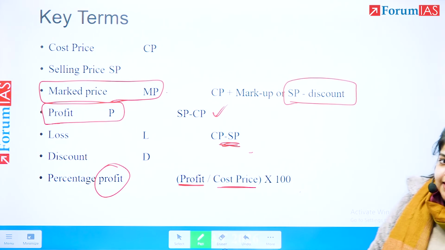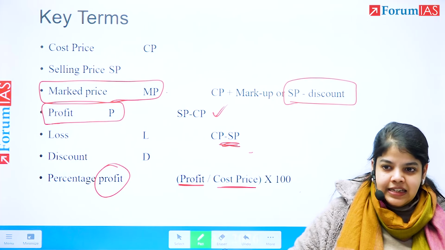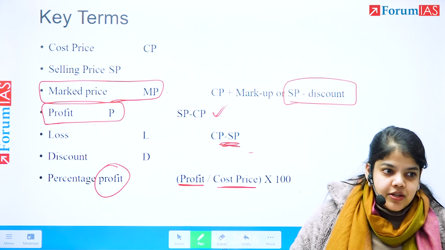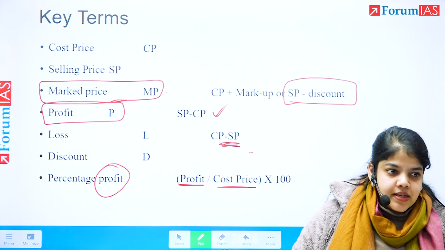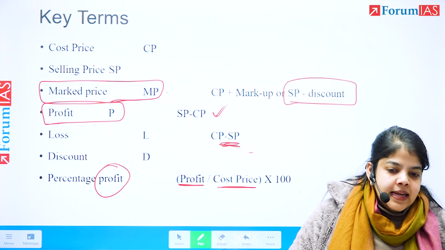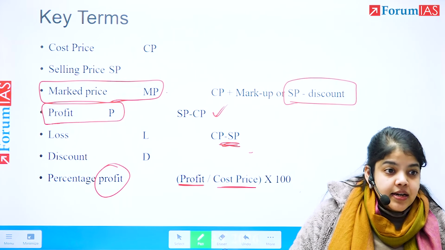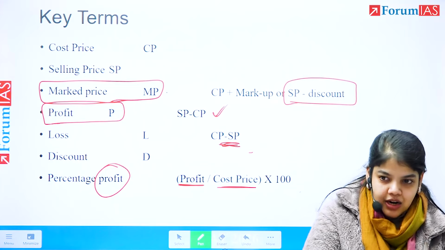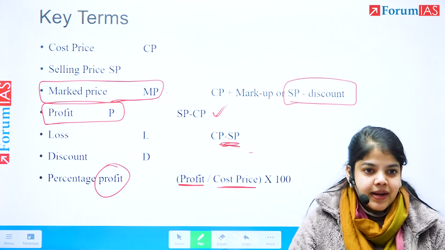You were supposed to sell something for 5 lakh, but you give a discount of 10%. Please write down. You were supposed to sell a car for 5 lakh rupees, but you give a 10% discount. What is the new cost? 4,50,000. 50,000 rupees is the amount of discount that we are giving.